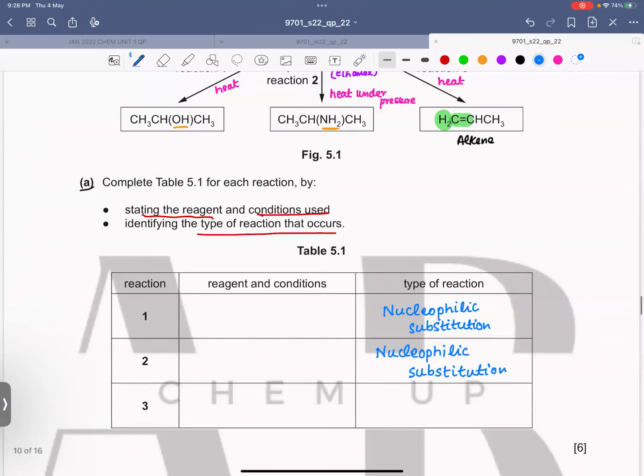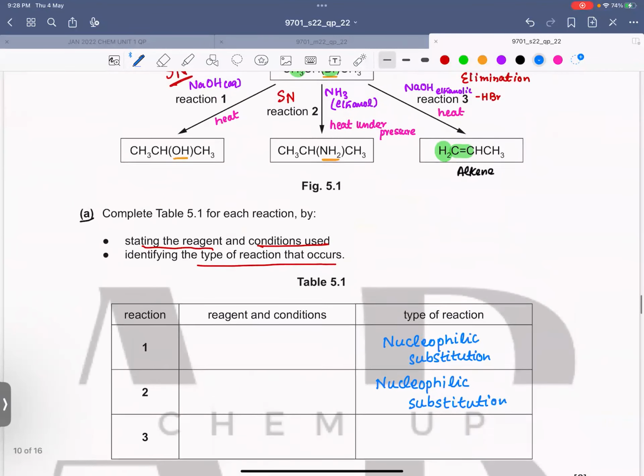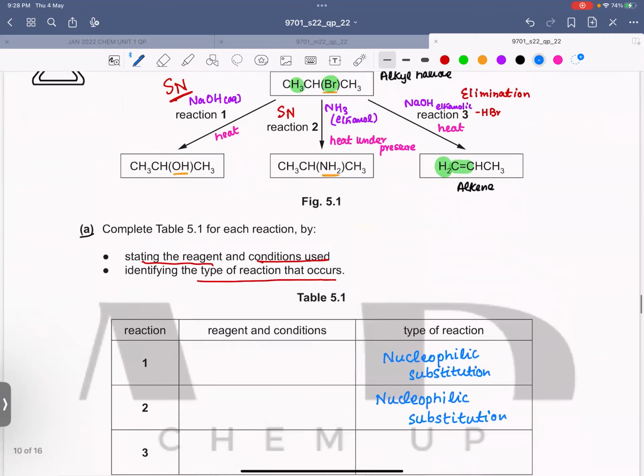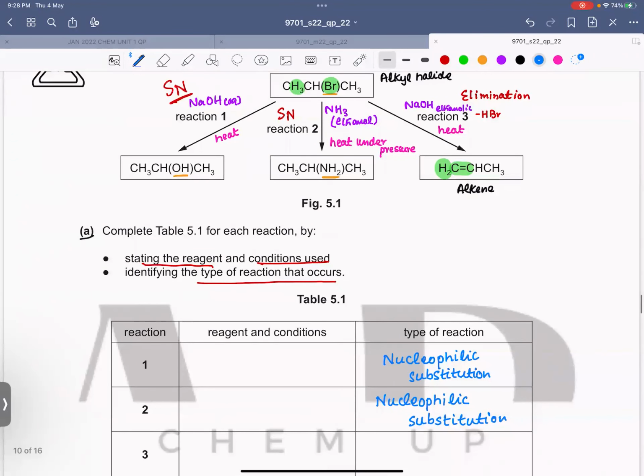So the first 2 are nucleophilic substitutions because we are observing in reaction 1 a halogen is replaced by OH, and in the second reaction a halogen is replaced by NH2. Sir, it is written heat, so should we write heat under reflux in full or only heat? Yeah, you can write heat under reflux as well, or you just write heat.